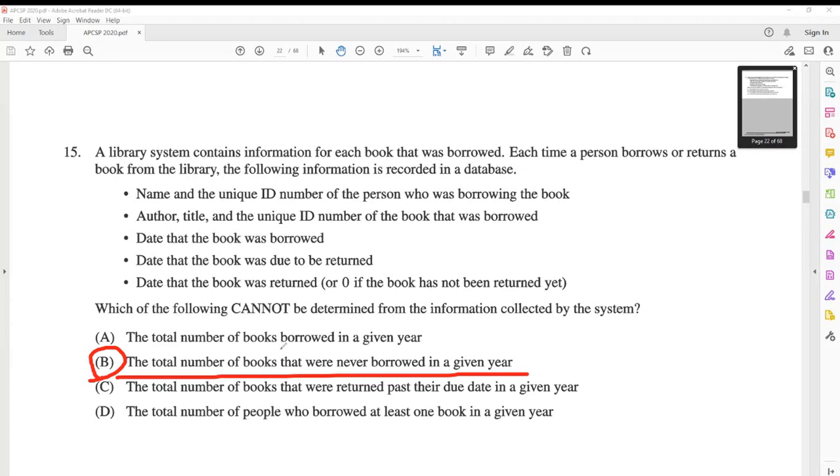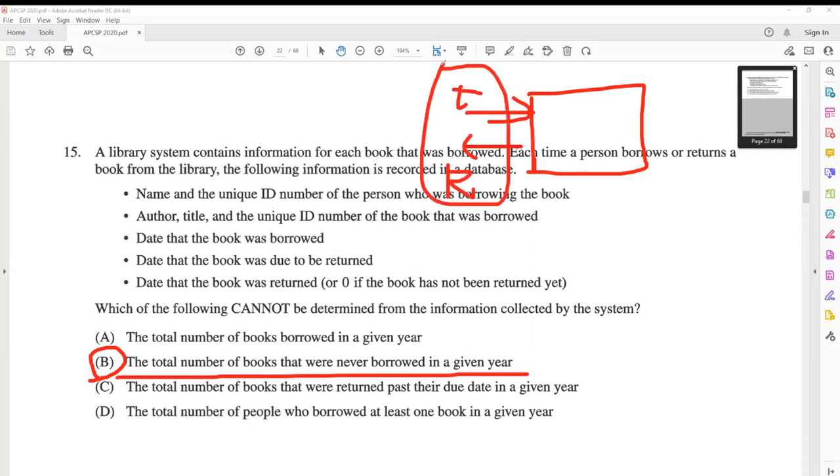The reason it should be B is that the data you have is per transaction. So basically, you have a borrow record and a return record, but you do not have the total record of how many books are in the library. So you don't know how many books have never been borrowed in the year.